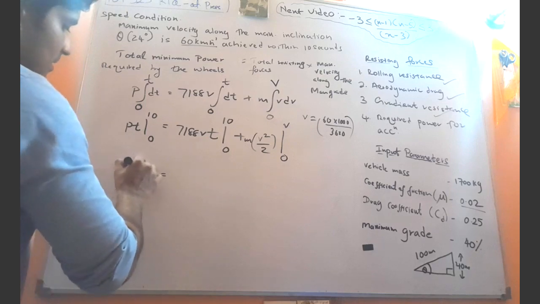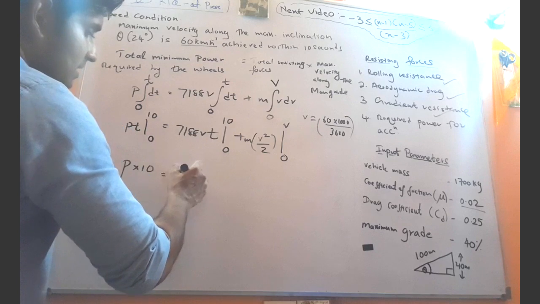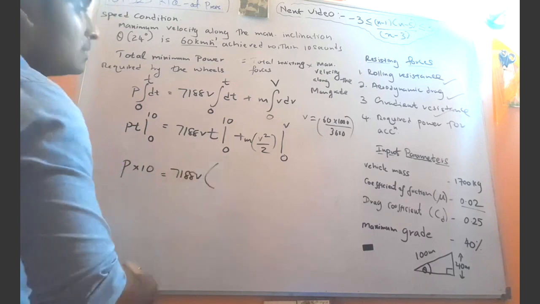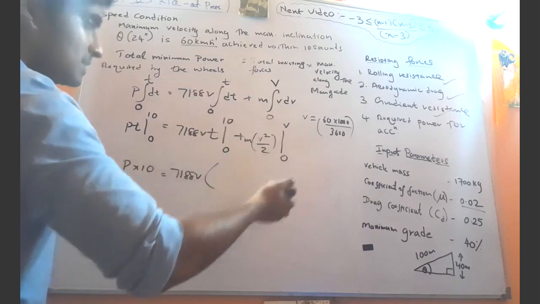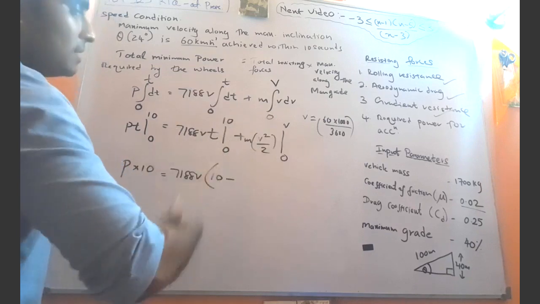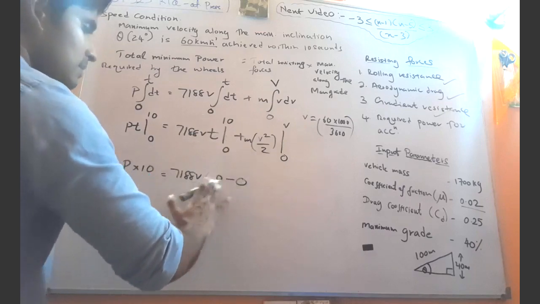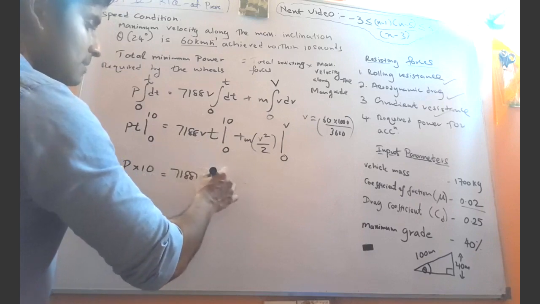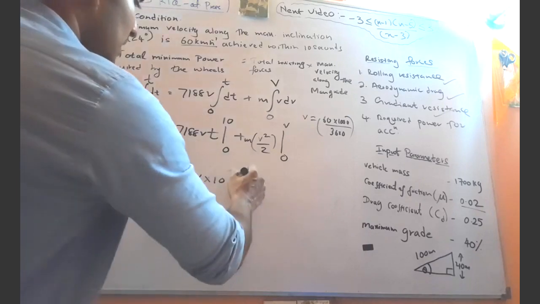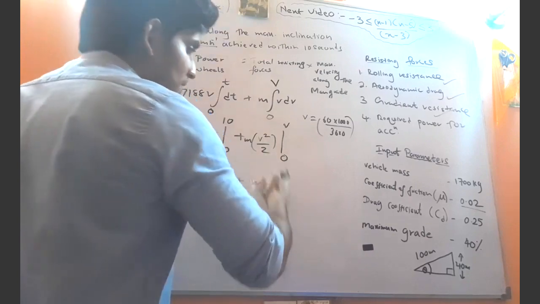Then here also you know 7188 v times, first apply t equals 10, minus, substitute the lower limit, 0. That means 7188 v times 10. Plus m times v squared divided by 2.